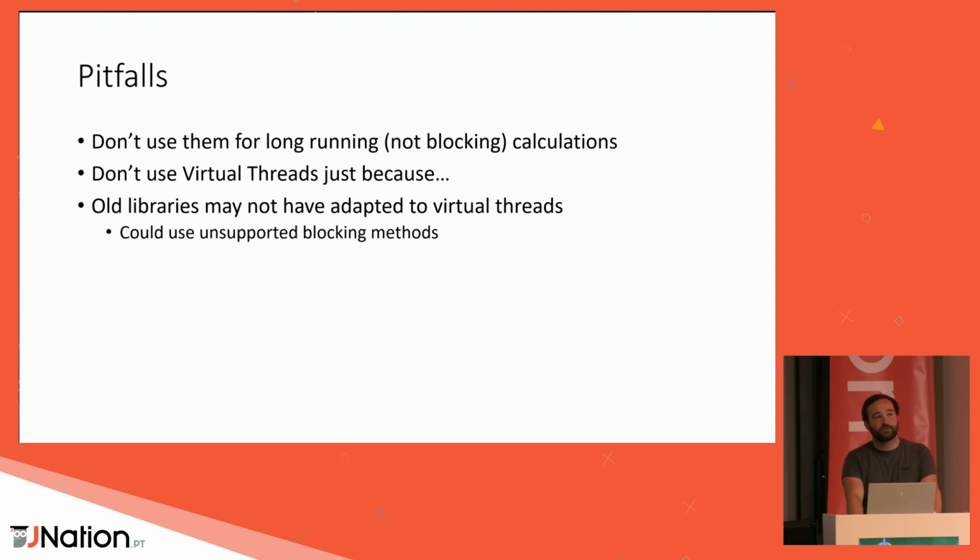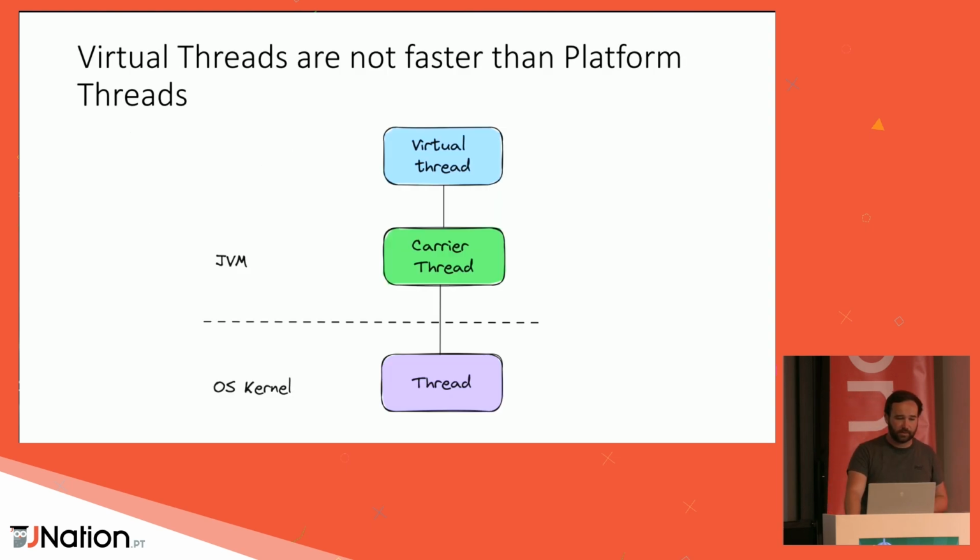Don't use virtual threads just because, like I showed you with the web server scraper, you would say that it is a very good use case, but still it underperforms compared to the platform threads in certain situations. So testing really is key in comparing if it really has a good effect on your application. And of course, old libraries may still use the unsupported methods and still cause a bit of pinning. So that's something to look out for.